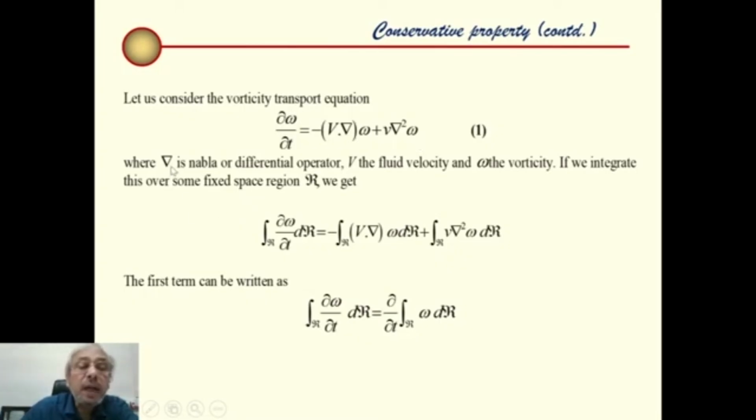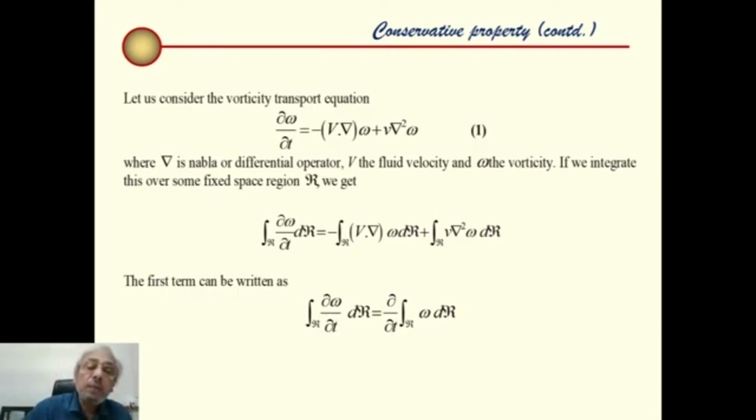I have written lambda as differential operator, v is the velocity field, and omega is vorticity. If we integrate it over a fixed region in space given by capital R, this may be a volume, a fixed region described by a volume through which fluid is coming and going through.